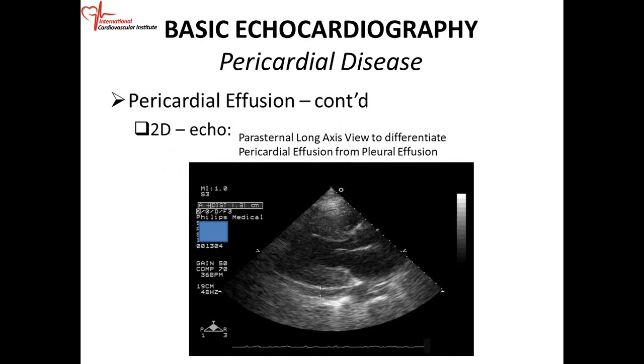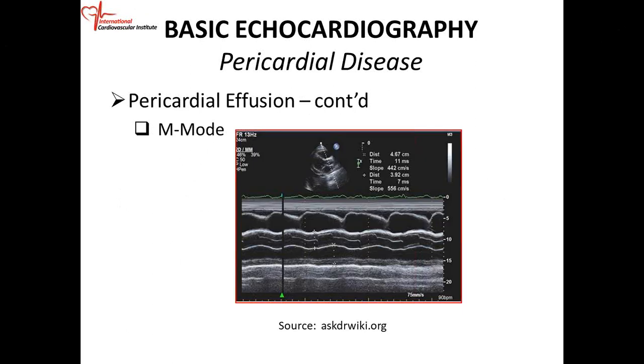And then anything in between is moderate. The effusion can also be loculated, meaning it is just present in one area. So if the effusion is just in one area, we say that it's loculated, okay? And you can see that.